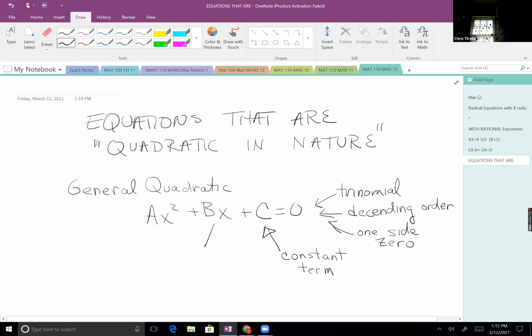And as I look at the first and second term, you notice that one exponent is twice the other. And so that's the pattern that we're going to be looking for to say that we have something that's quadratic in nature.